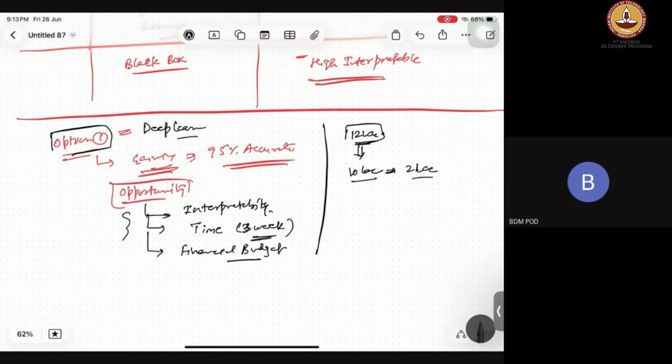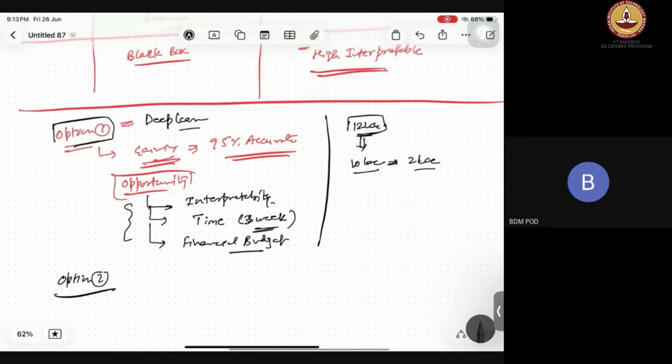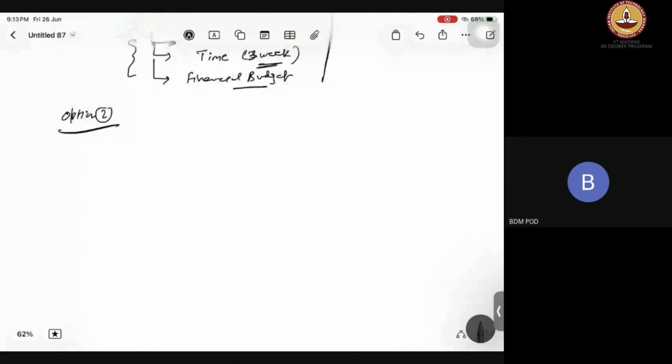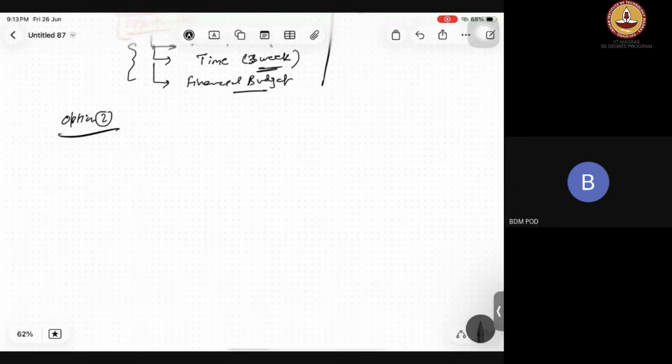But if you go with option number two, a logistic regression model, what you lose first is 10% of your accuracy.